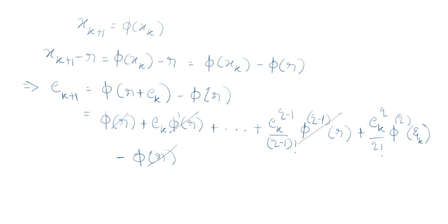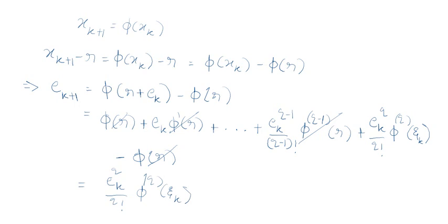So what remains is e_k to the power q by q factorial phi qth derivative at z_k.